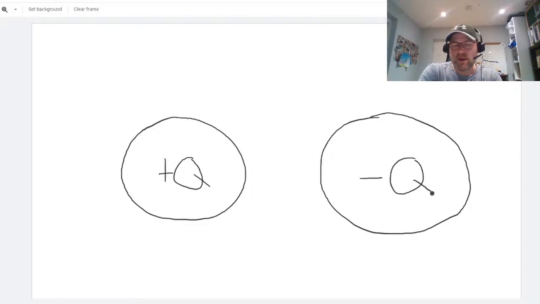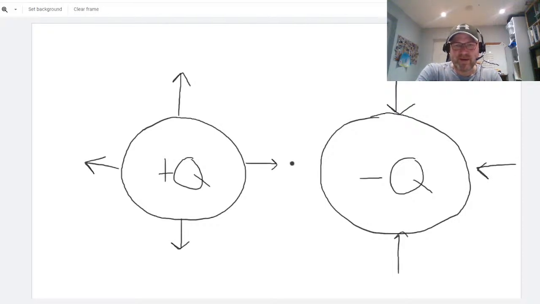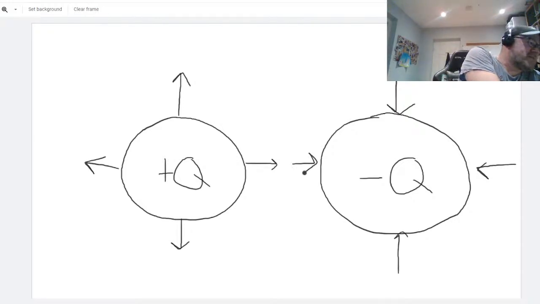And they just say that if you've got a positive charge, we draw arrows at right angles all around. And then with negative charge, we draw arrows like this, and these arrows represent the electric field. So these are like field lines like you get with north to south on a magnet.